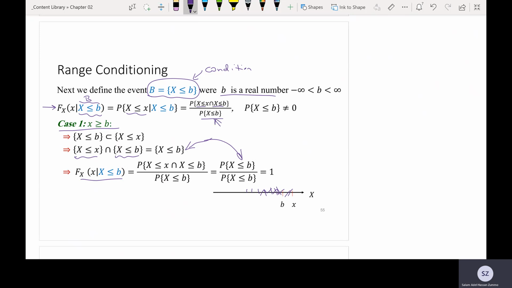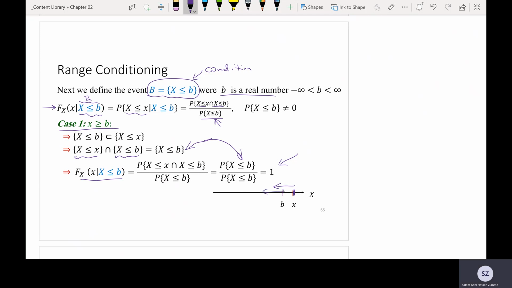By conditioning, what do we get? Why? Because I'm trying to find the CDF of X given X less than B. What does this mean? I'm trying to answer the following question. What is the probability that X is less than or equal to this number x, given it's already less than or equal to this number B?